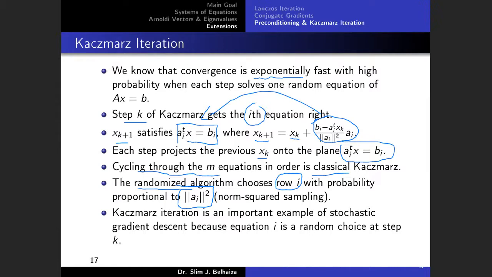The higher a i is in norm squared, the higher the probability to choose this equation, because you are interpreting this magnitude as the importance of the equation in the system. So the Kaczmarz iteration, in fact, is an important example. When we deal with these kinds of new methods, we call them stochastic gradient descent methods, because in fact the equation you solve at every step is randomly chosen.